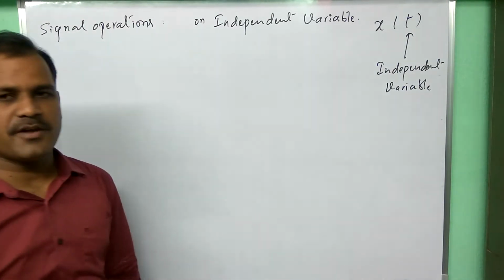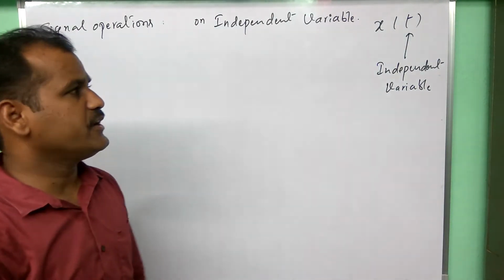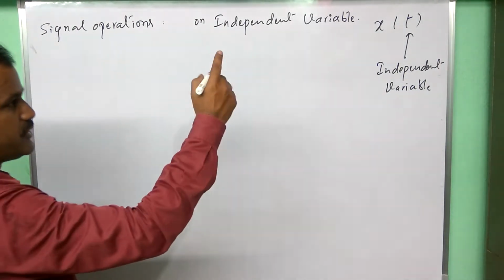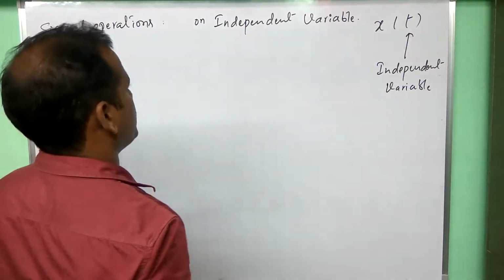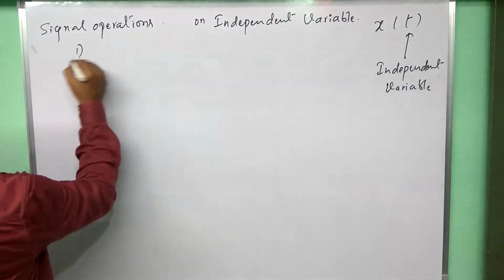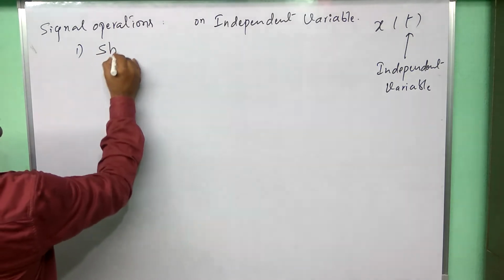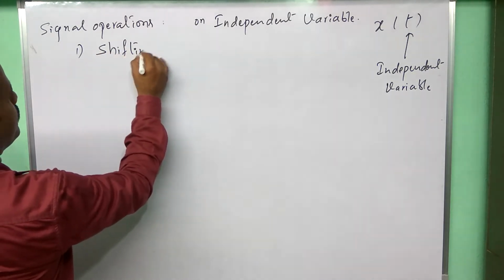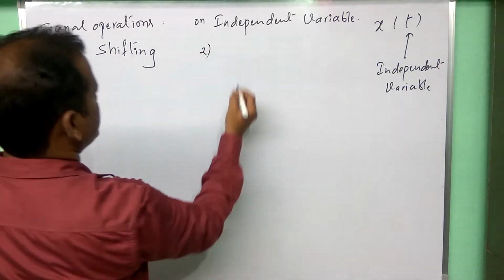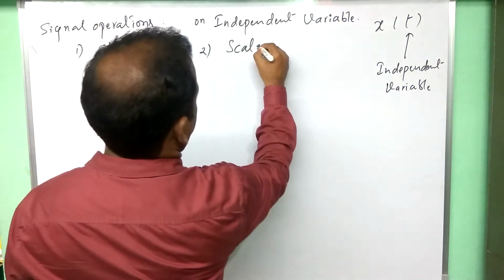So we are performing the operation on the independent variable only in this video. The independent variable operation on x of t is basically of two types. One is shifting, and the second one is scaling.